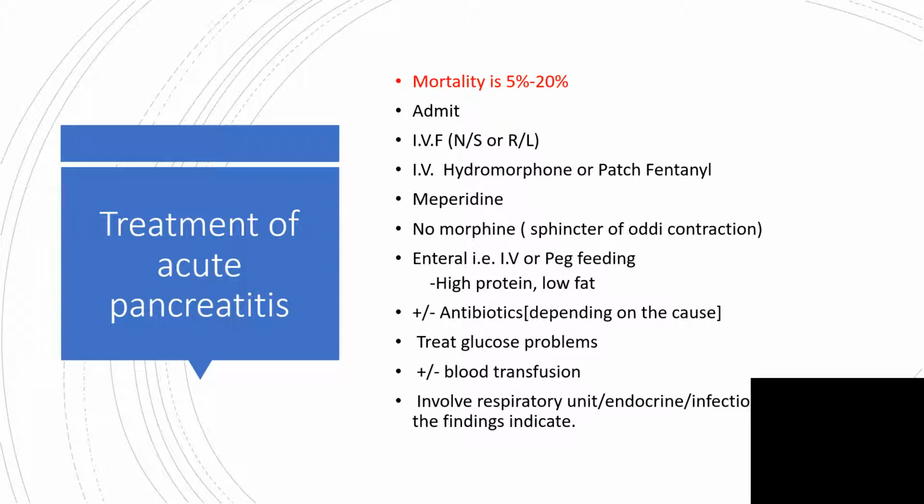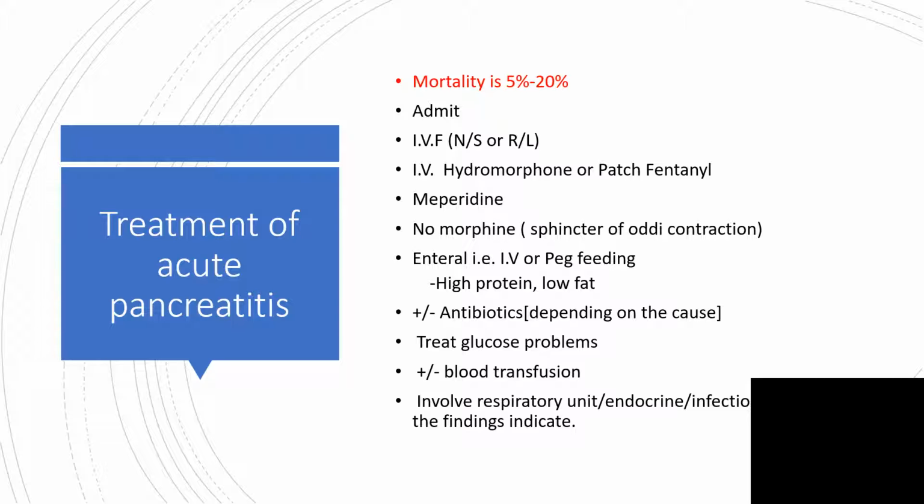If it's a multidisciplinary center, it will be better to involve the respiratory unit, the endocrine, the infectious unit, and it depends. You can involve the renal unit based on what your findings indicate. So if all your physical examination, history, and diagnostic measures indicate that the kidney is in trouble, involve renal.